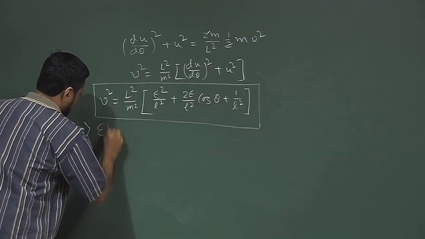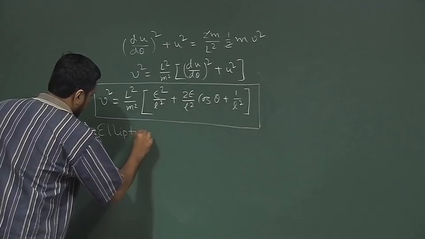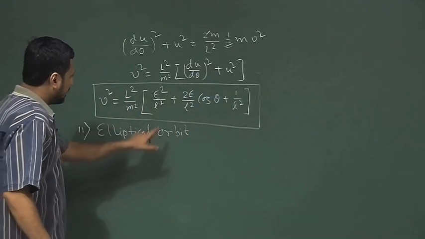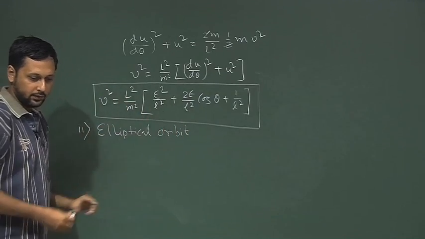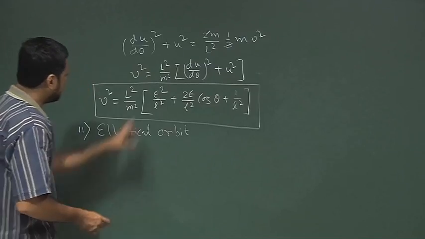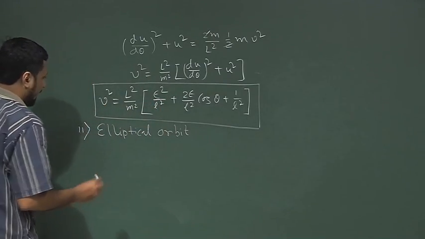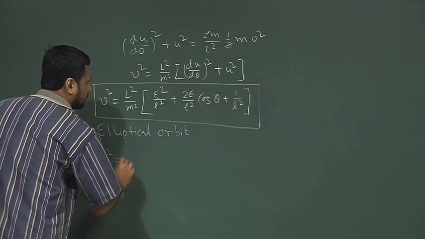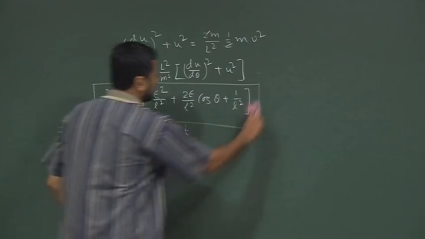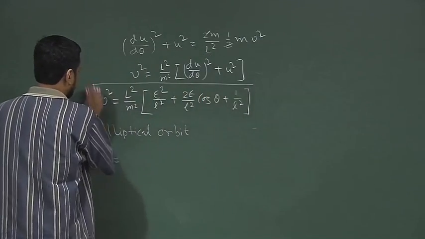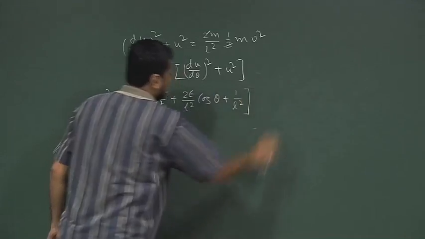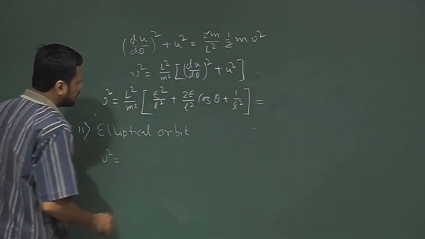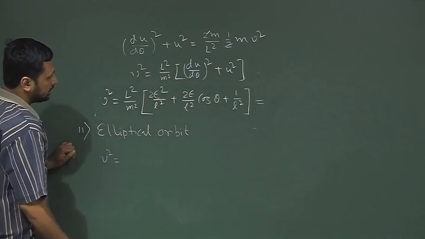Now, for the elliptical orbit, we need to rearrange this equation a bit, and we can write it as v square is equal to, I will just use the space here, I don't have to write the same thing again. What we can do is, we can put a 2 here.